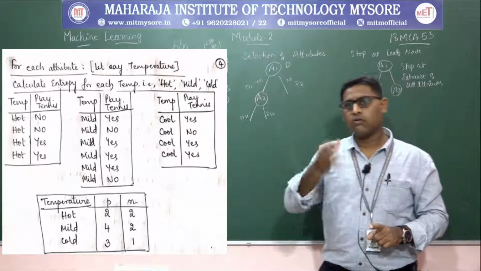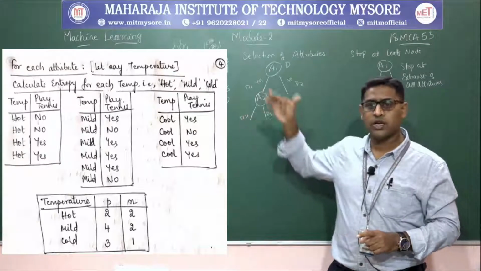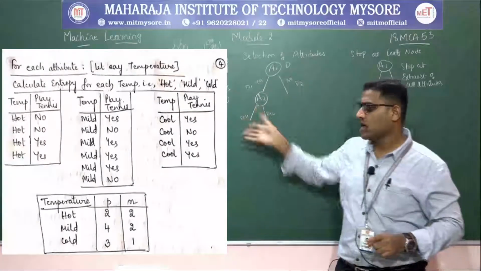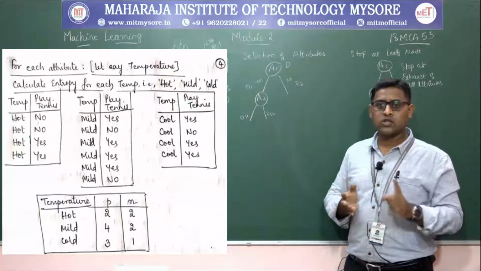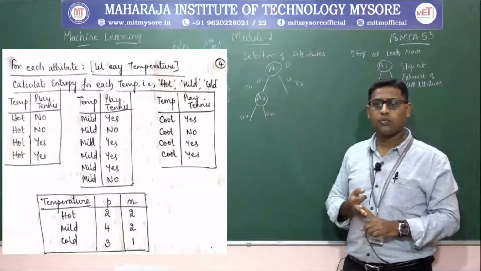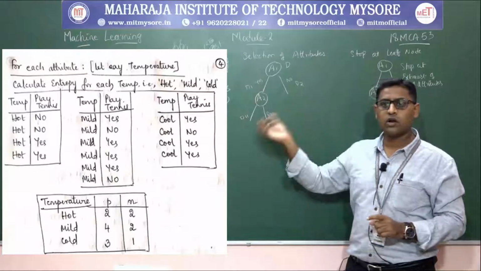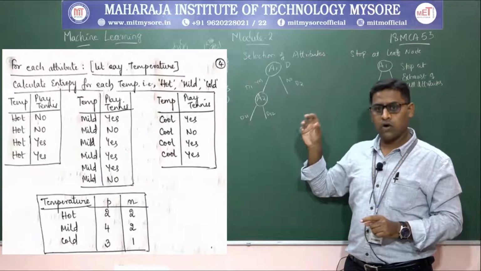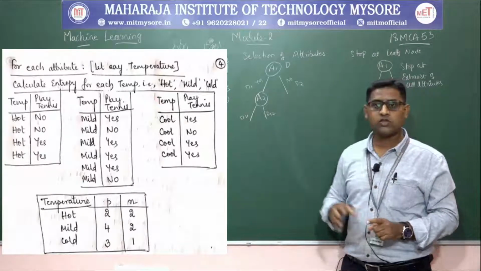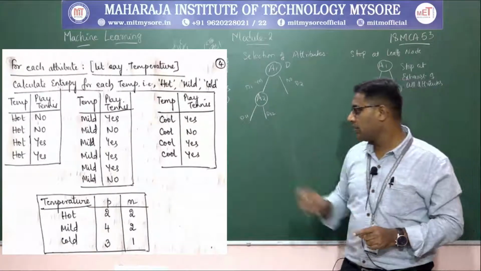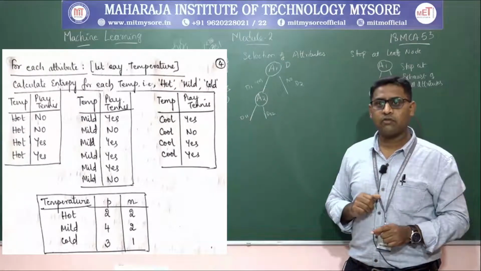Hot, mild and cool. For hot, how many positive and how many negative examples do you have? As shown in the table, you have 2p and 2n. For mild, you have 4 positive values and 2 negative values. For cool, you have 3 positive values and 1 negative value.